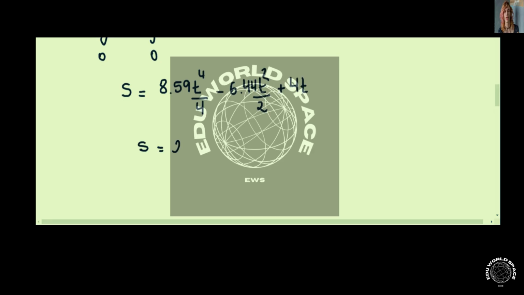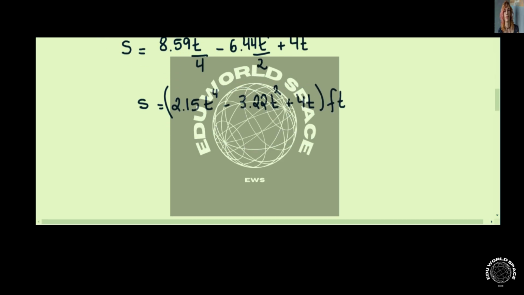So s is equal to 2.15 t to the fourth minus 3.22 t squared plus 4t feet. And when this is equal to 30 feet, we're going to have to solve this numerically. If you insert this equation into a numerical calculator, you obtain that s is equal to 30 feet when time t is equal to 2 seconds.